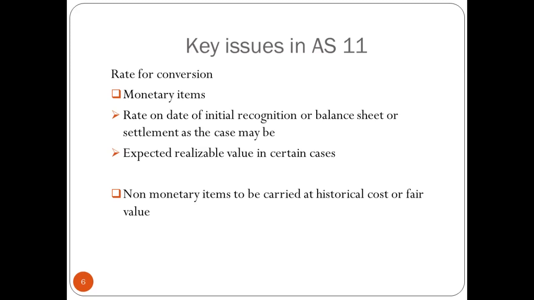So it's something like your money is temporarily frozen in that bank account in that country. We do not know when the country will allow that money to be withdrawn. In that case, you may have to find out what is the expected realizable value and account for the transaction accordingly.